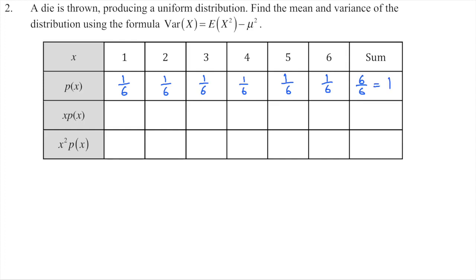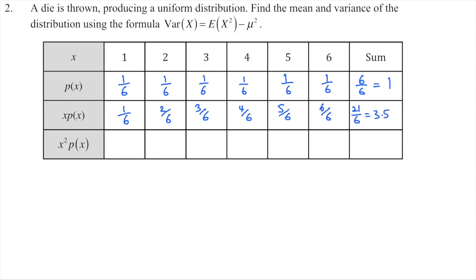So now we look at the next row, which is my x times p of x row. Let's have a look at what we get when we do that. We get 1 times 1 on 6, 2 times 1 on 6, 3 times 1 on 6, 4 times 1 on 6, 5 times 1 on 6, 6 times 1 on 6, which adds up to 21 over 6, or 3.5.